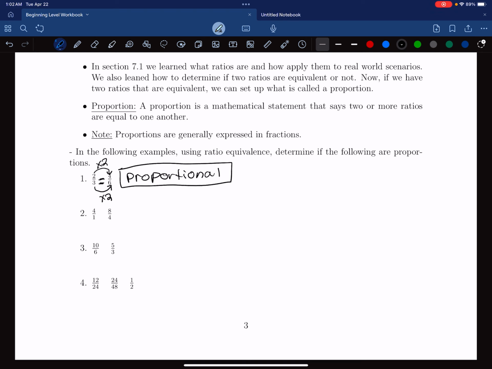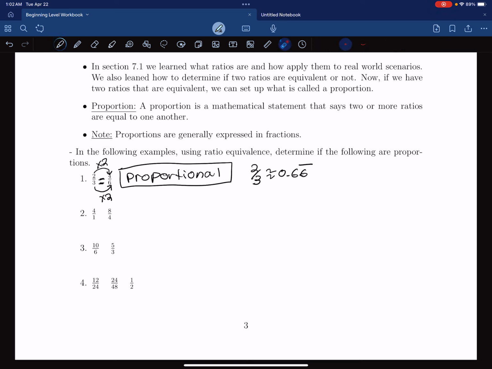Now, you might be like, okay, what does this actually mean? Well, what is maybe helpful is to look at these fractions as decimals. So if we put 2 divided by 3 in our calculator, you'll get approximately 0.66 repeating.